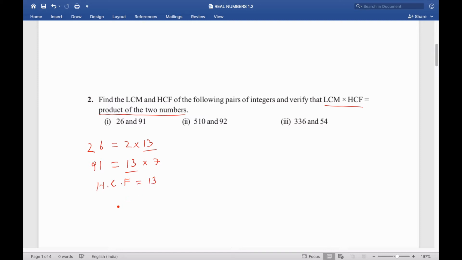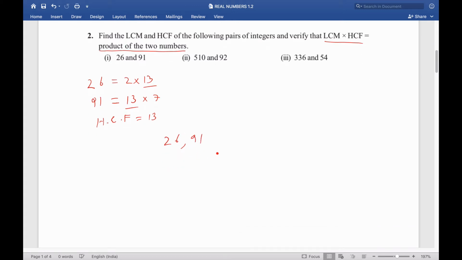Now LCM we can easily find out by using the common division method. Let's try that. 26, 91. So obviously we know both are divisible by 13. So I will get 2 and 7 here. So 2, 1, then 7, then 7.